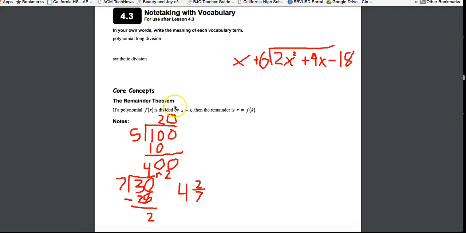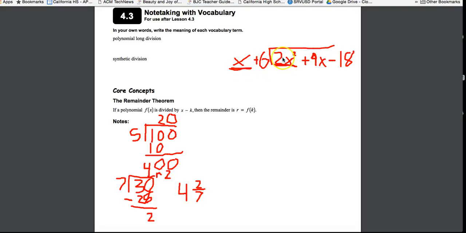So let's look at this example where we actually divide our dividend, which is 2x squared plus 9x minus 18, by a polynomial, our divisor, which is x plus 6. The whole time you're doing polynomial long division, you're concerned with multiplying your divisor's first term by whatever it takes to equal your dividend's first term.